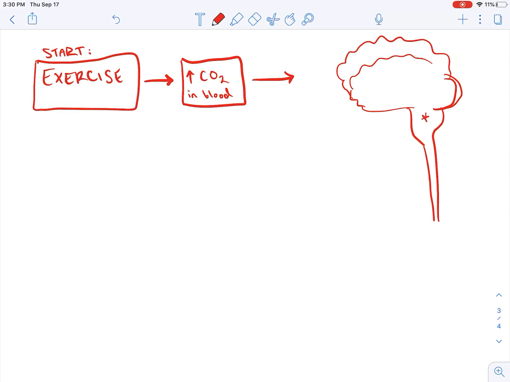That's where we have any of our other involuntary functions like your heart rate, your blood vessels dilating, anything like that is sensed in the same spot. So the CO2 chemoreceptor is in the medulla oblongata, which is the brainstem.